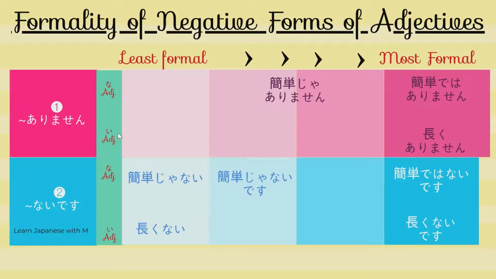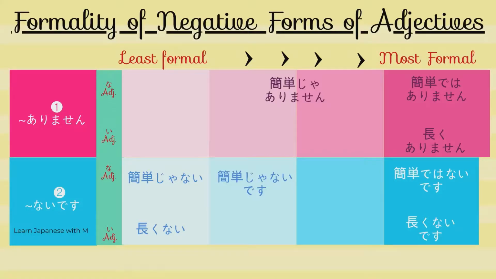For i adjectives, using the ありません form, the only option is 長くありません. And this is very formal.